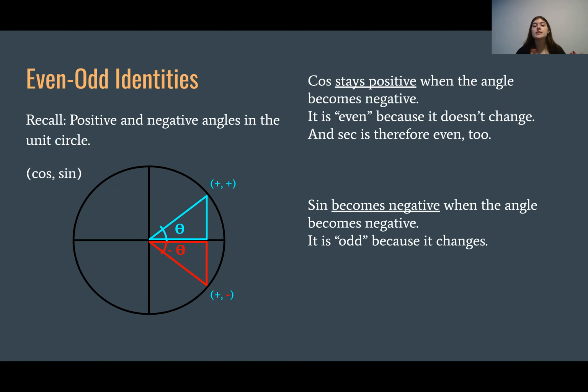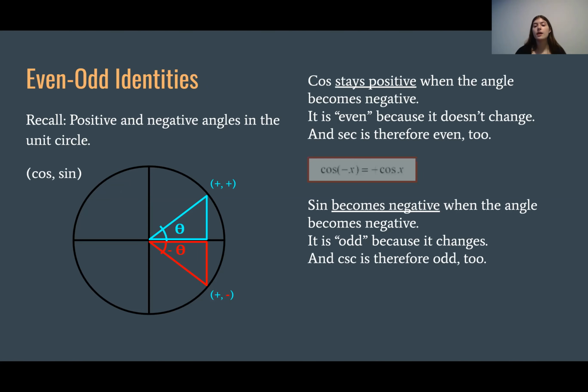And because sine and cosecant are related, cosecant is also an odd function. So when theta is negative, sine and cosecant become negative. But when theta becomes negative, cosine doesn't. Cosine stays positive. That's all you need to know.